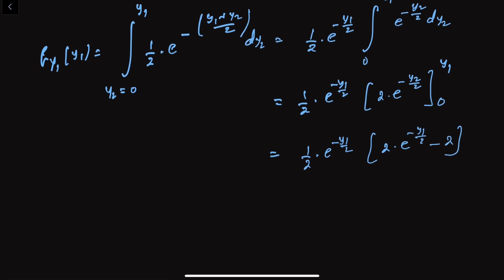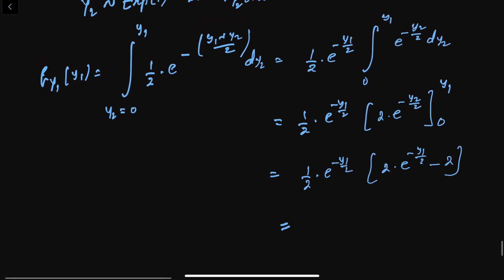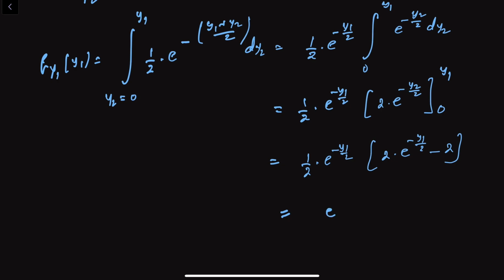So that is nothing but e to the power minus y1 by 2 into e to the power minus y1, sorry, here minus also will be there. So therefore this will go from 0 to y1.